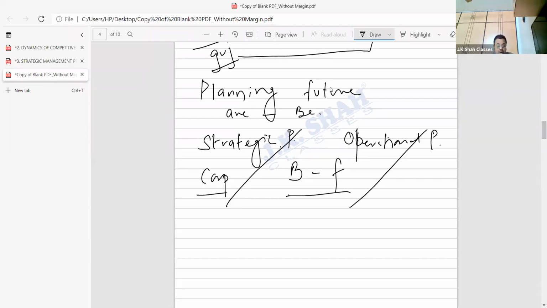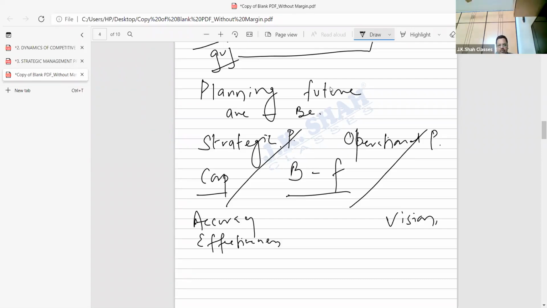Please understand that. Important. Strategic planning is the planning made by the people at the top management. Isn't it? Top management people will make plans. The accuracy of this plan and the effectiveness of this plan go a long way in helping the organization achieve its vision.